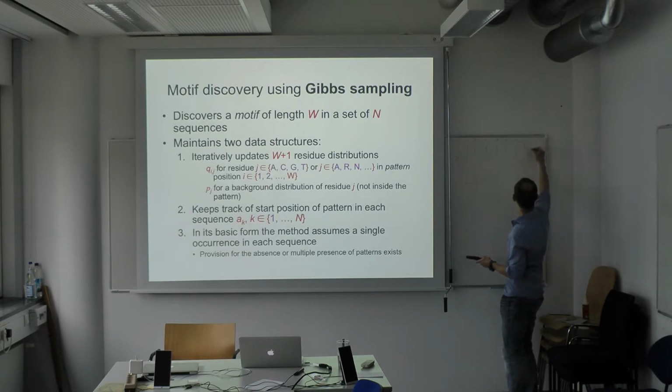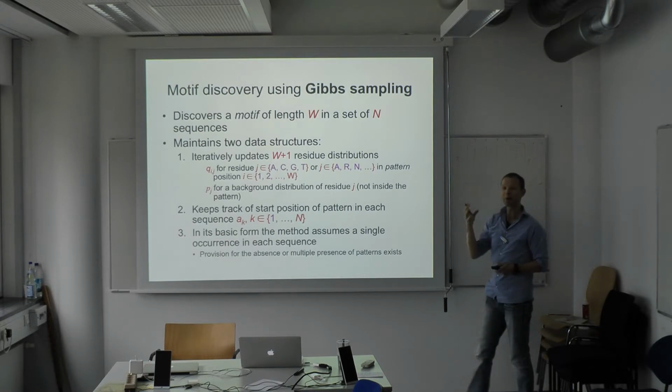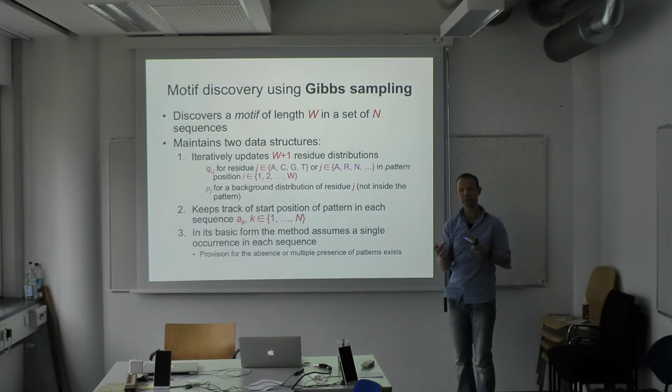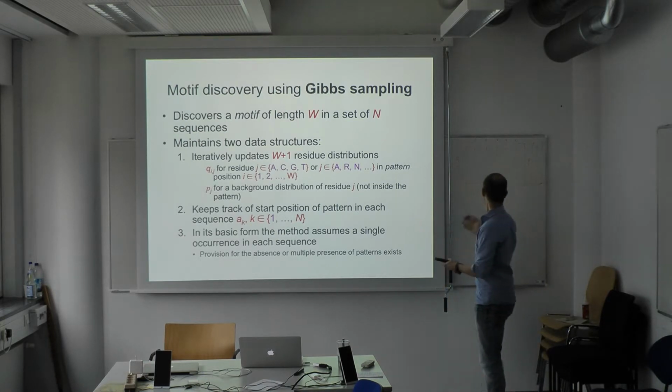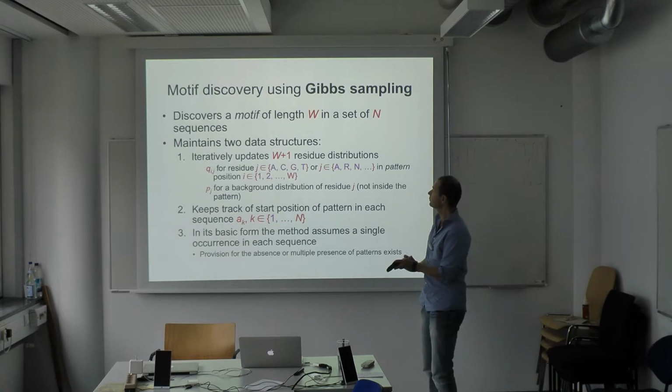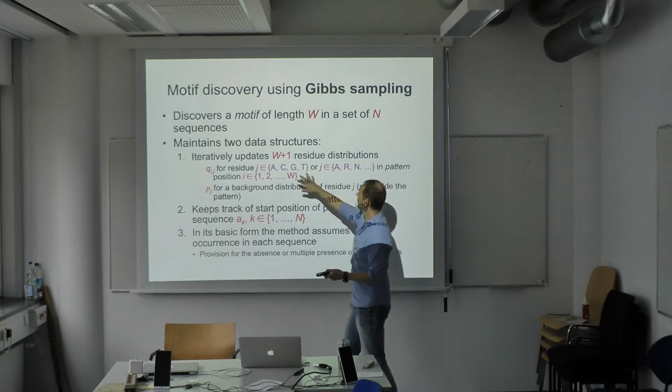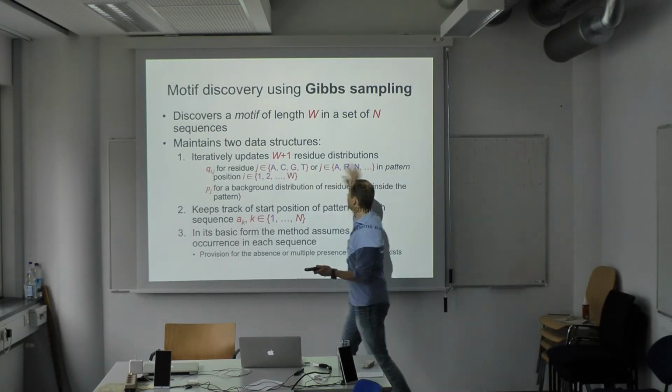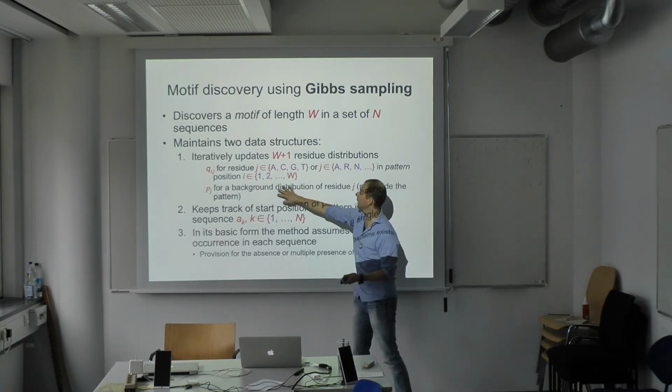And then we would have an additional parameter that we'll refer to as P, which will just be a single distribution. And that would be the background from which we'd like to distinguish what's the real and just the background. Okay, so we have the actual matrix here, Q, and we have a background distribution.